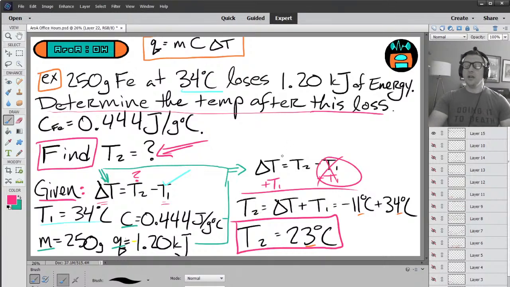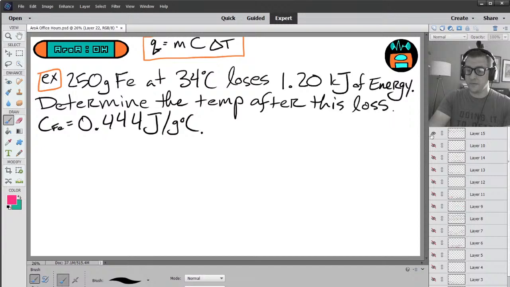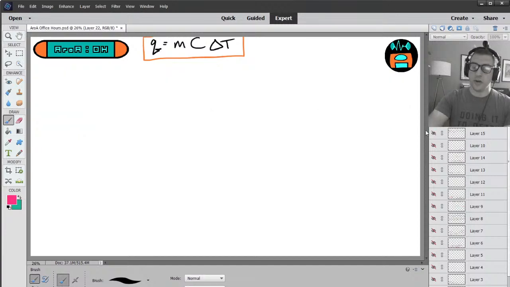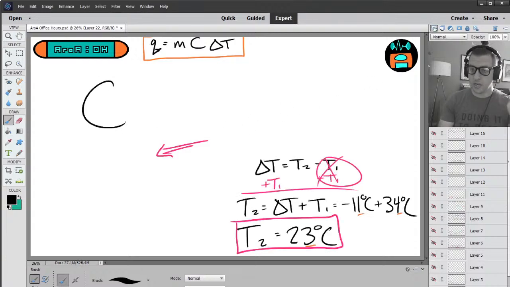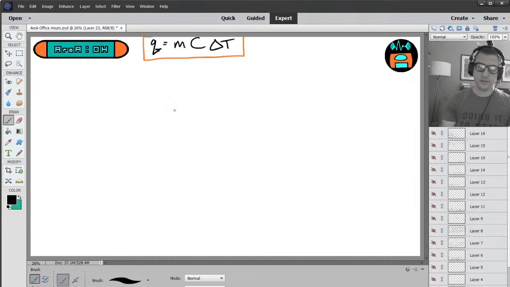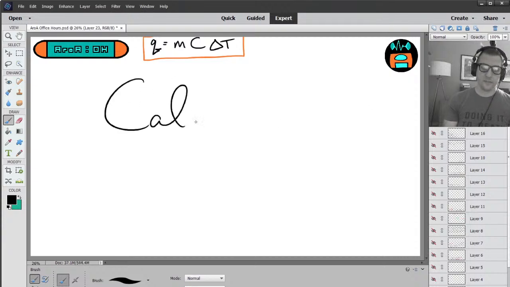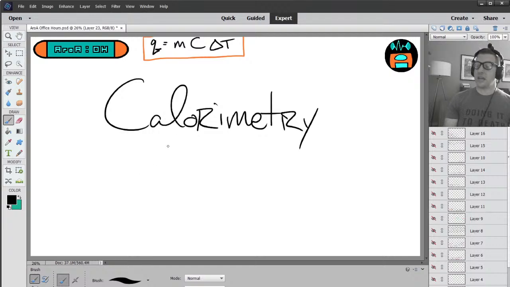All right. These problems can be very challenging for some students. They're very involved. A lot going on. And these problems are generally called calorimetry problems.